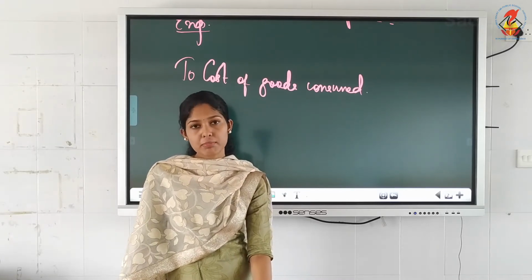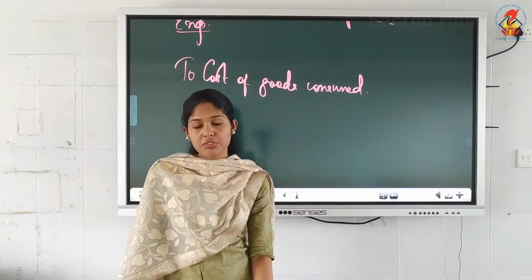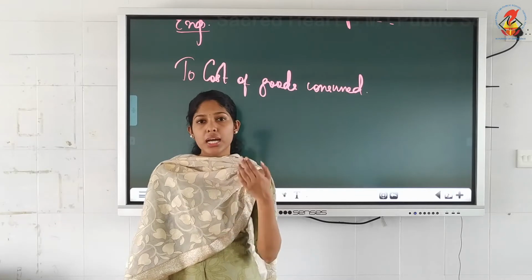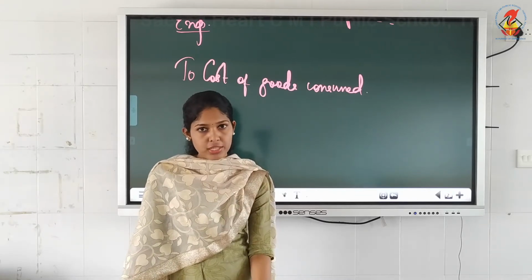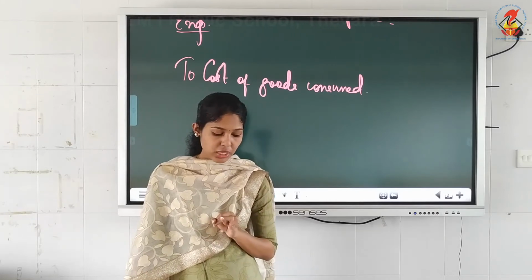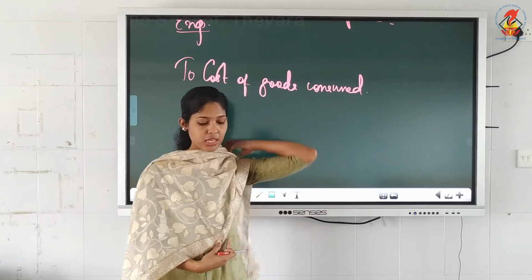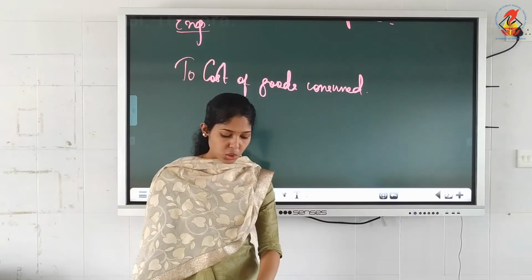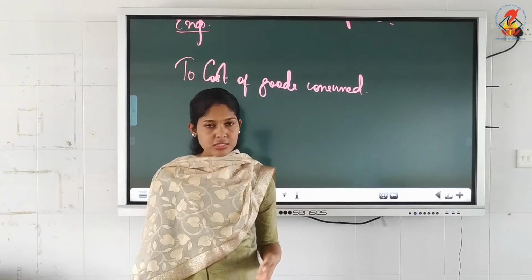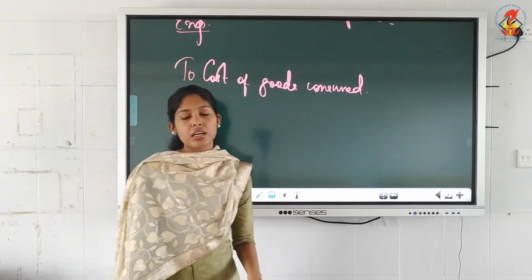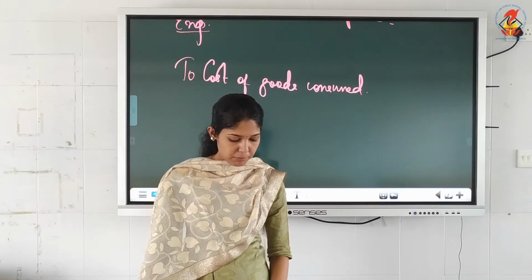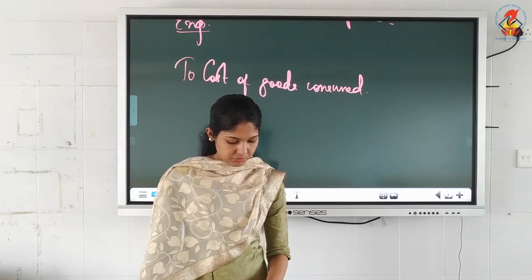Payment made for stationery means, since no other information is given in the question, you have to take it as purchases value. So opening stock is given in the question, purchases 54,000 you have to take, less closing stock means you have to take that 2,500. So you will be getting the cost of goods consumed, which we will debit in the income expenditure account. So we will work out now illustration number 17.